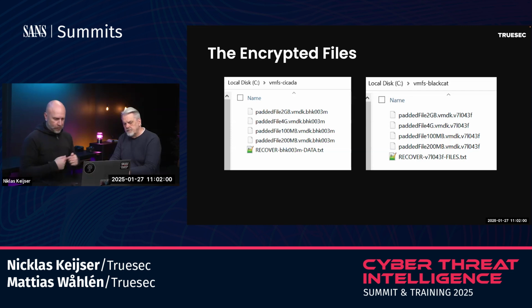You will get the same ransomware extension. For Cicada we have BHK something, and for BlackCat V7. Then if you compare the ransomware note, we see recover-dash-the extension-note-dash, and for the Cicada version it says data, and for BlackCat it says file. So it has the same structure of naming files and the ransomware note itself.